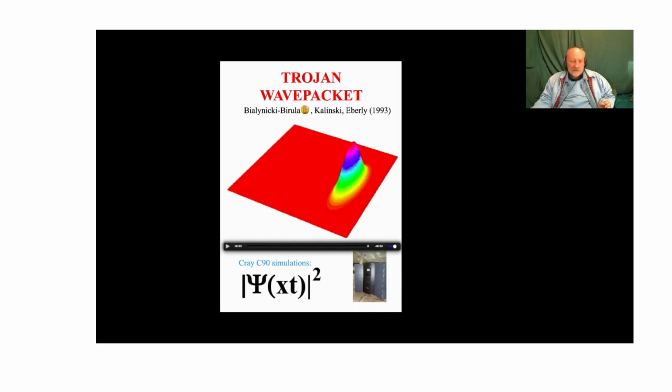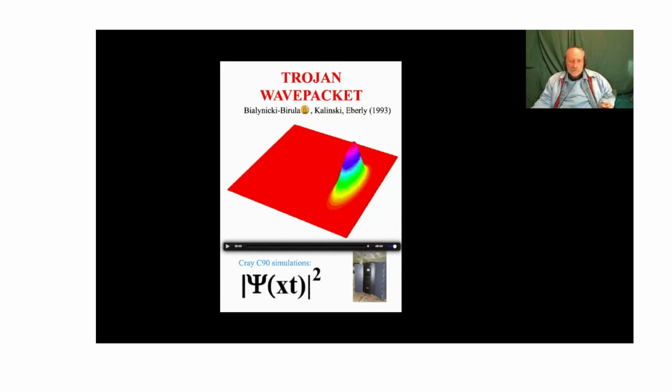The processor speed of the Cray 90 at the time was equivalent more or less to today's PCs, at least in the sense of handling this problem. It was bigger, but now you can observe this on a PC. The same simulations in 2023: 30 years later you can observe this on a home PC.